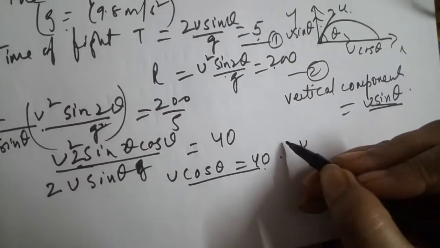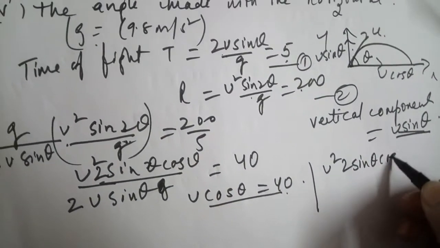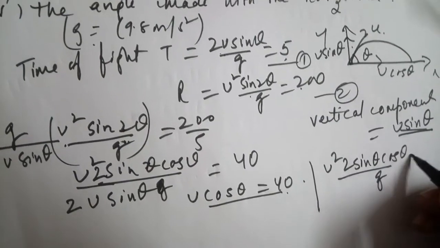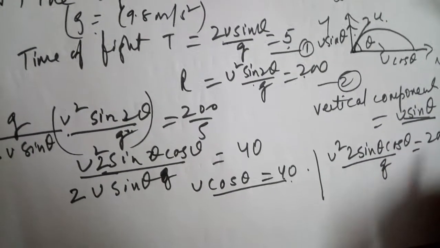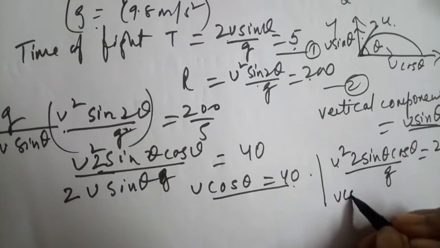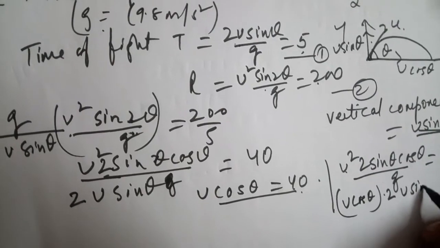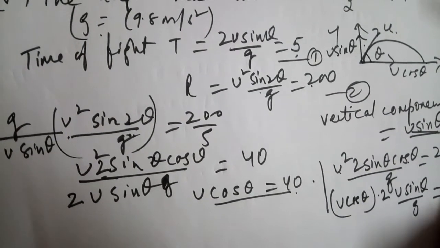So we can use the equation of the range to find out the value of u sin theta. The range equation is u square 2 sin theta cos theta by g is equal to 200. We have got the value of u cos theta, so let us separate: this is u cos theta into 2 u sin theta by g is equal to 200.